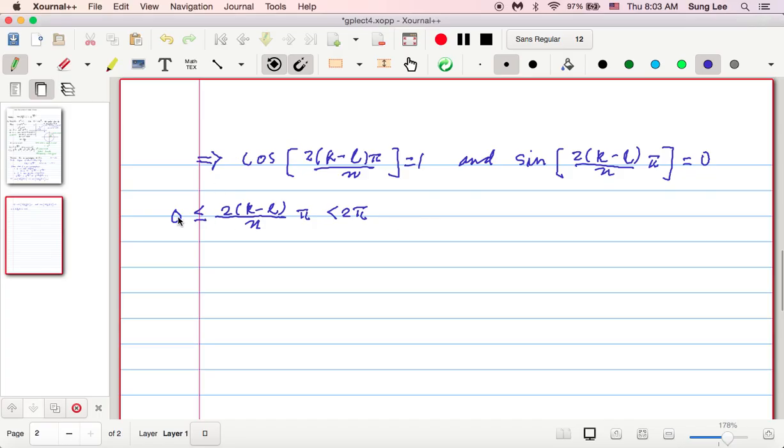So with this condition, we have 2 times (k minus l) over n pi equals 0, which means that k has to be the same as l.